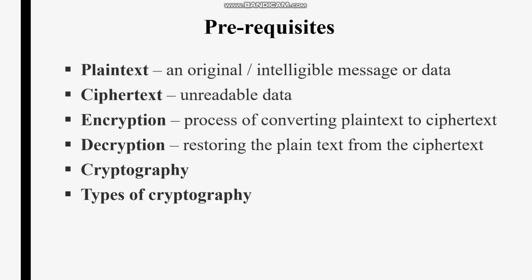So why are we performing this encryption and decryption? In order to secure the communication. Whatever message is exchanged between the two communicating parties has to be securely communicated. So how do we achieve that? We achieve it by using encryption and decryption. Encryption is done on the sender side.